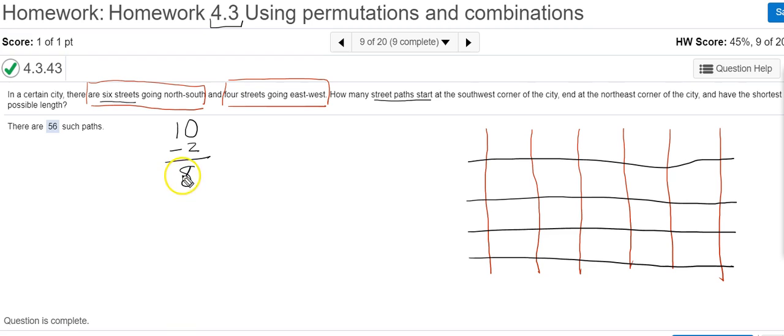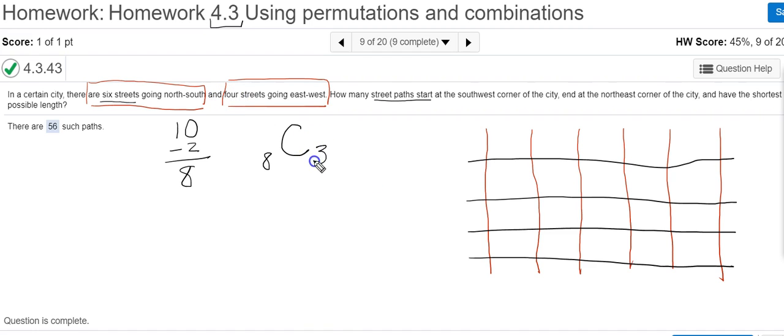So that gives you sort of 8 choose something. And this is a combination. And so we put the 8 there. Now, what do we put here? Well, you go to the smaller number, 4, and take 1 less from that.